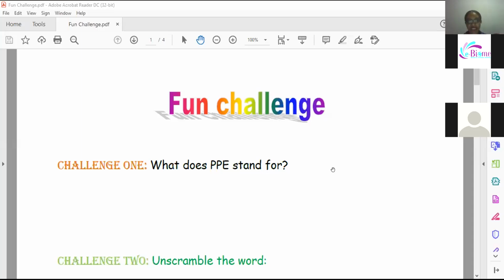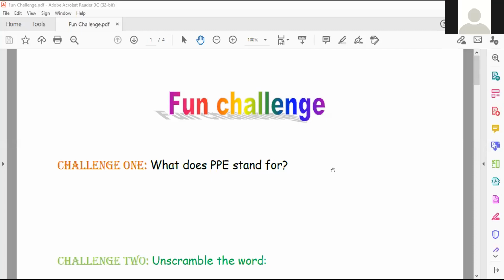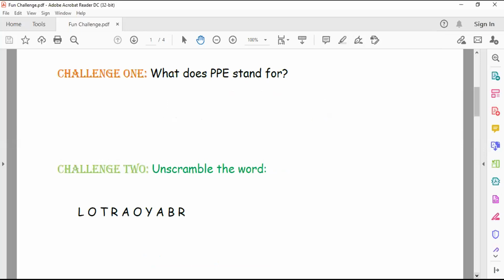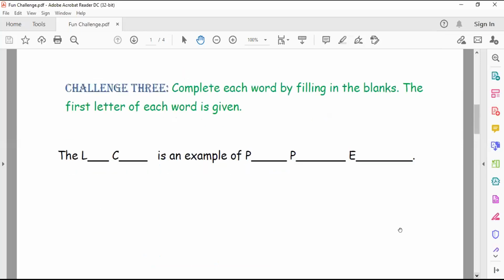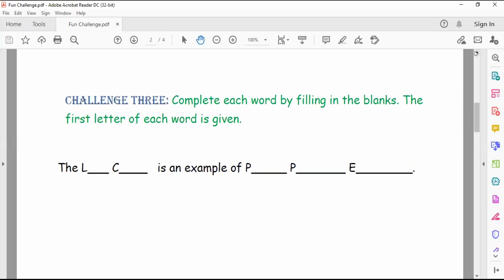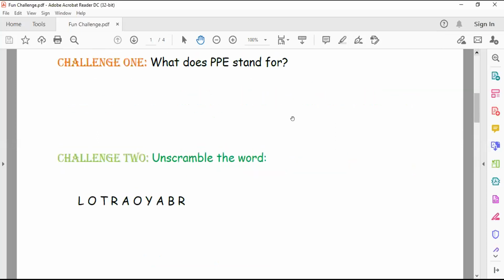Okay. So challenge 1, what does PPE stand for? PPE stands for personal protective equipment. Okay, perfect. Correct. Good. Okay, so challenge 2. Unscramble this word. Oops, I went too far. Let me scroll back up. Okay, unscramble the word.